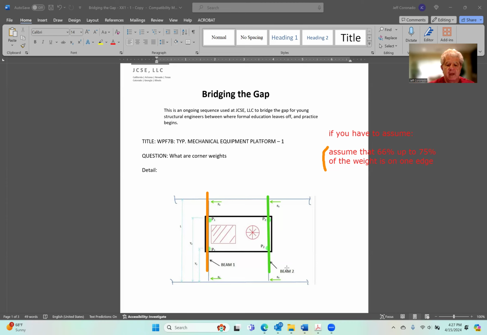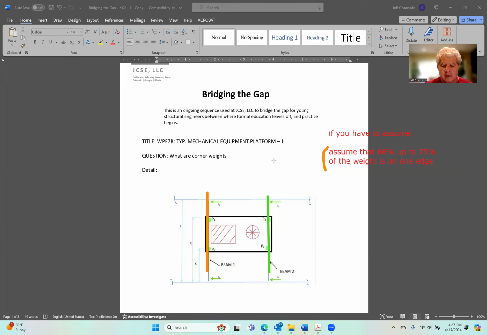If you don't have that information from the mechanical engineer and you need to make an assumption, 75% will probably lead to a conservative design. Closer to 66% will probably be more accurate, but not conservative. Anything less than 66%, you're running the risk that your design is not going to be conservative.